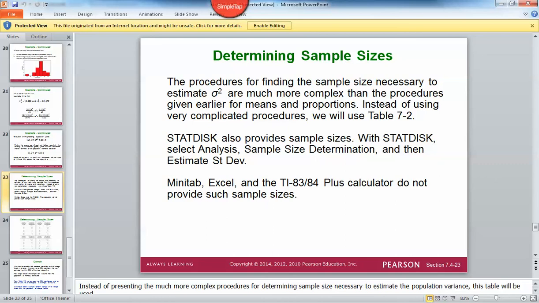Determining sample sizes. Procedures for finding sample sizes necessary to estimate variance are much more complex than the procedures given earlier for means and proportions. Instead of using very complicated procedures, we'll use table 7.2.